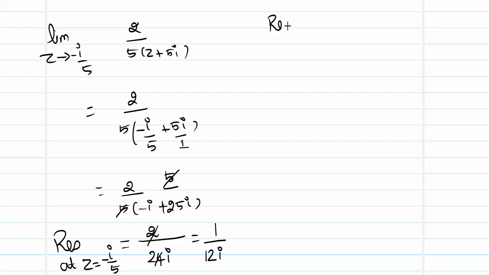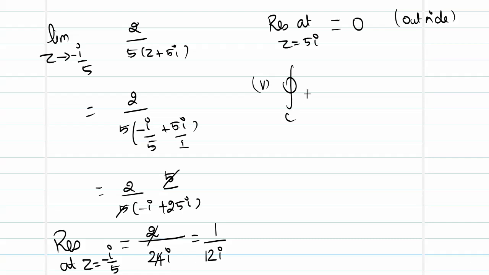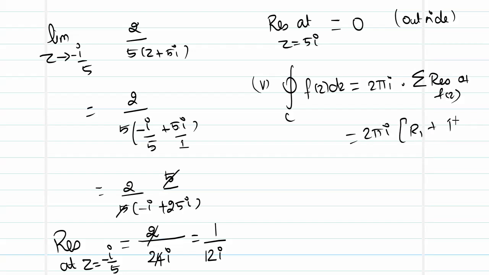And what do we know about the residue at z is equal to 5i? Since this lies outside, the value is equal to 0. Now my step 5: the value of the integral of f of z dz by my Cauchy residue theorem is nothing but 2 pi i times the summation of the residues of f of z. So it is 2 pi i times residue 1 plus residue 2.